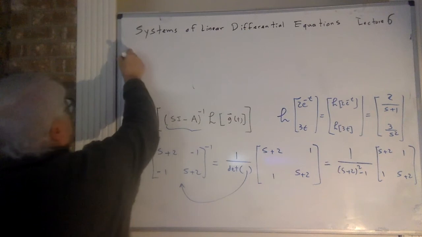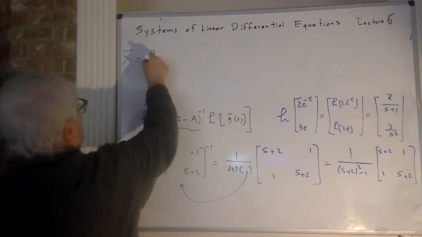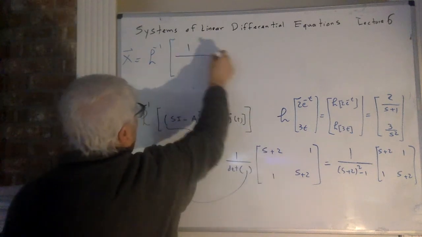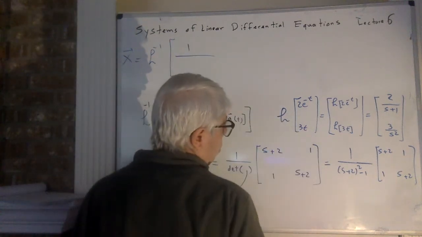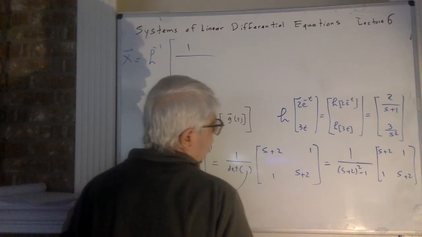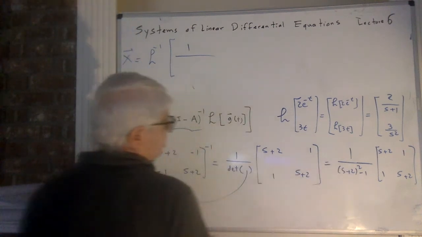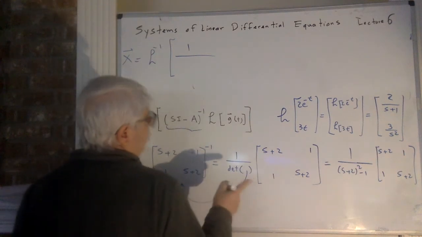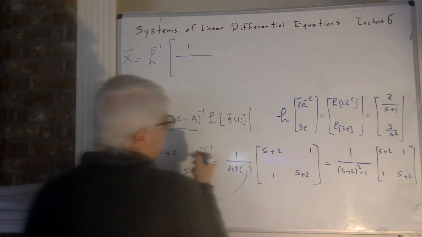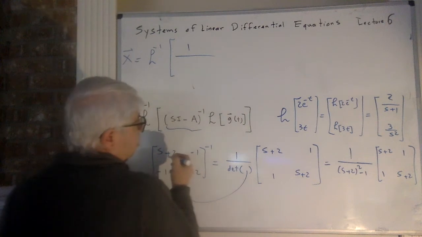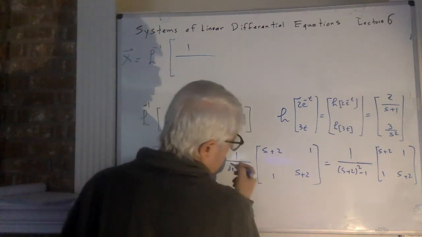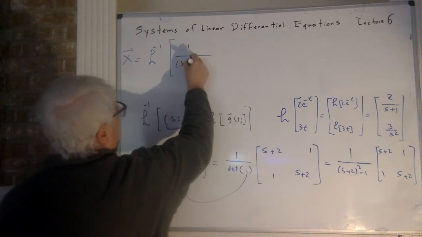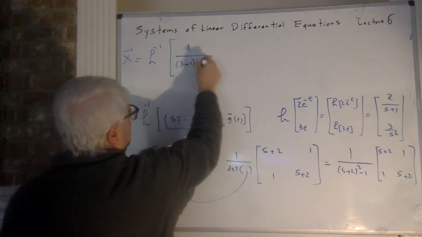So x basically is the Laplace inverse of this thing, 1 over, if I square it, or if I just factorize that, that will be s plus 1 times s plus 3, right? So that is s plus 1 times s plus 3.